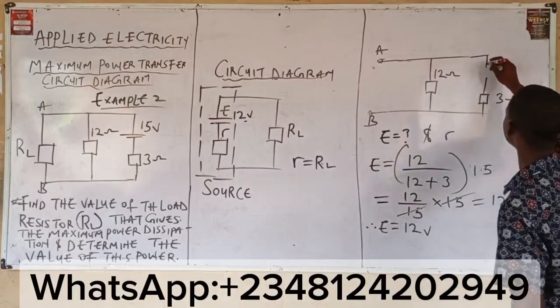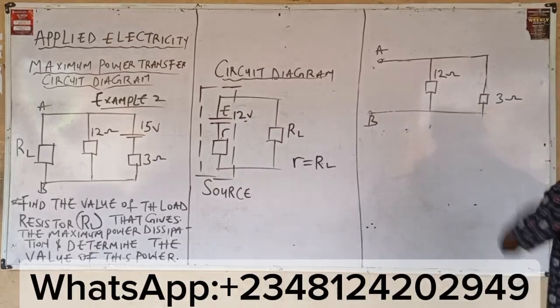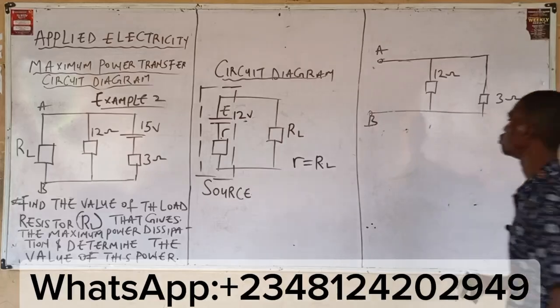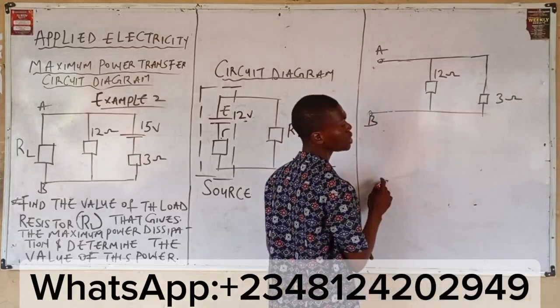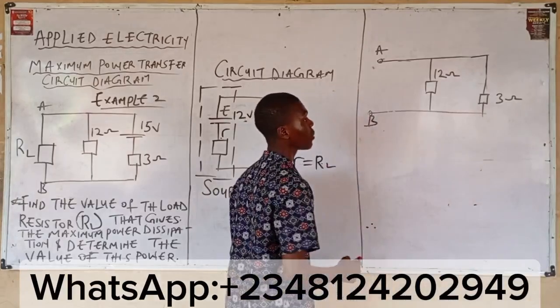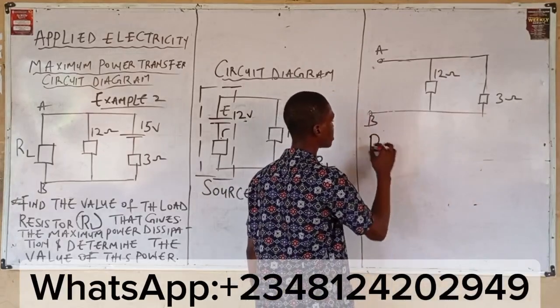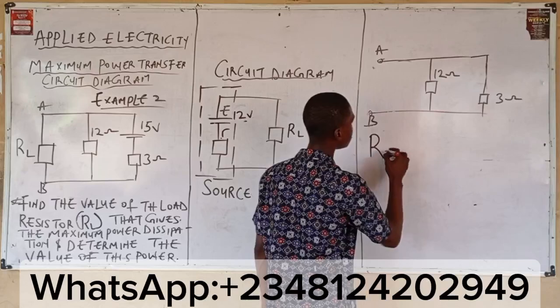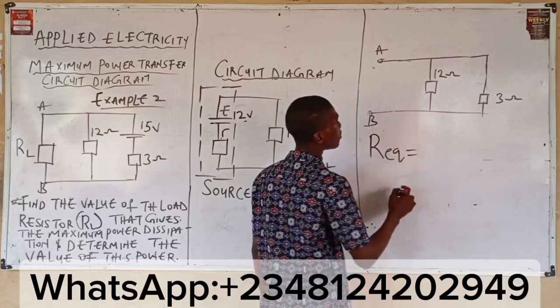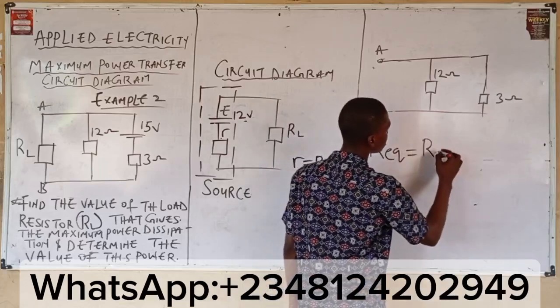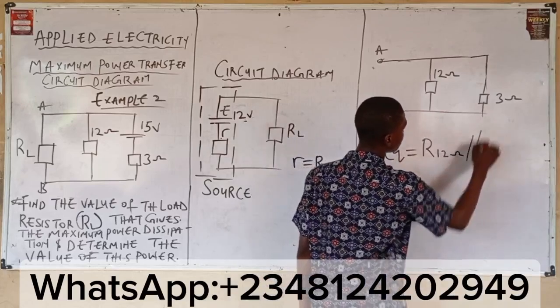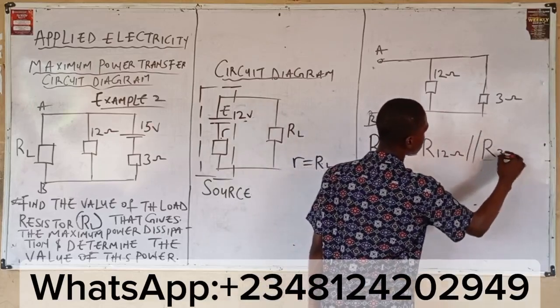Removing the source voltage, you are left with 12 ohms and 3 ohms. The resistors are in parallel, so calculate the equivalent resistance: 12 ohms in parallel with 3 ohms.